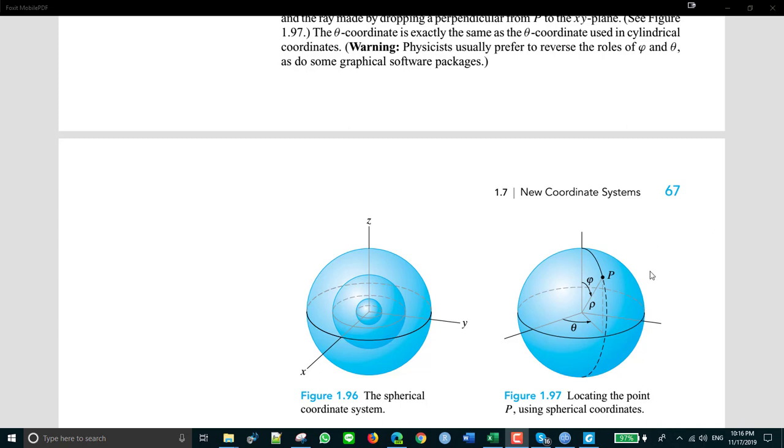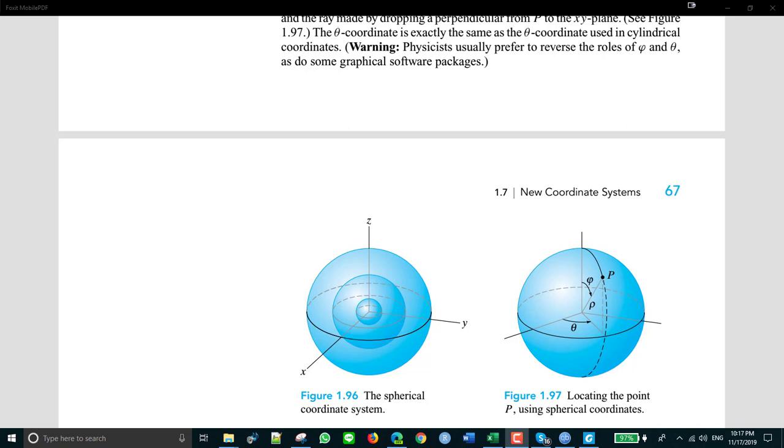Once I tell you that rho is, say, 2, that doesn't uniquely identify the point, because rho equals 2 is anything on this sphere. That's not good enough. So if I tell you the angle you get when you drop down to here and then draw this line to the origin is something like pi or pi over 2, does that nail it down?